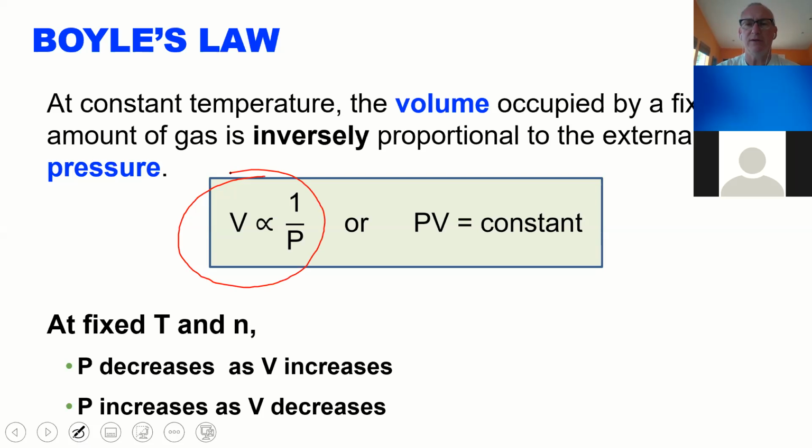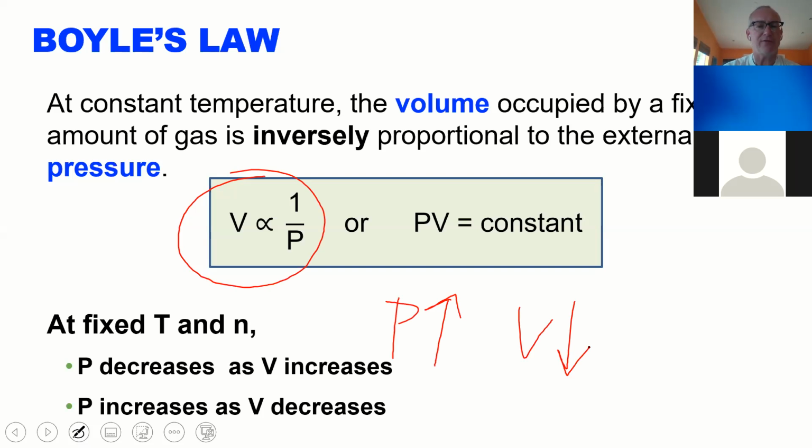And it's important when we do the lab that we know the difference between an inverse and a direct relationship. In other words, when it's inverse, as P goes up, V goes down. If it's a direct relationship, that means they both go up and they both go down at the same time.